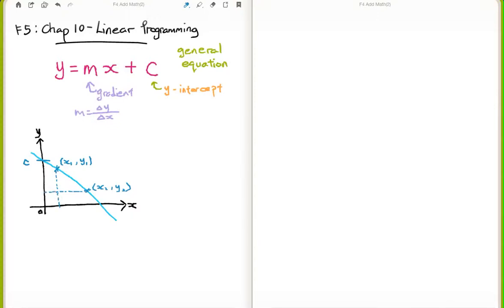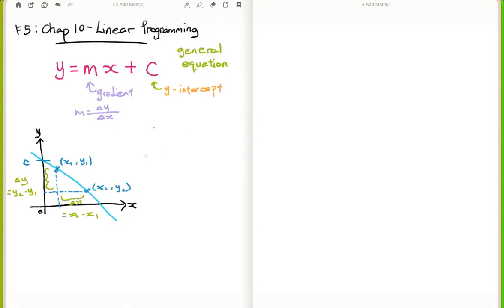The change of y is y2 minus y1, and the change of x is x2 minus x1.